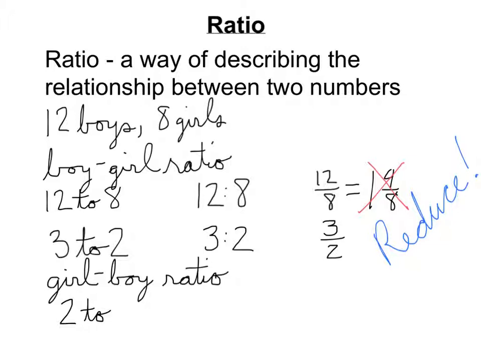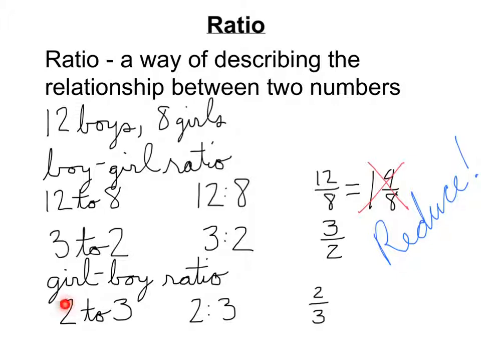And then obviously the boys' reduced number is a 3. So the girl to boy ratio would be 2 to 3. And what this means is that for every 2 girls, there are 3 boys.